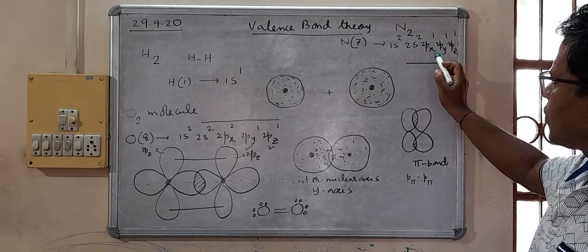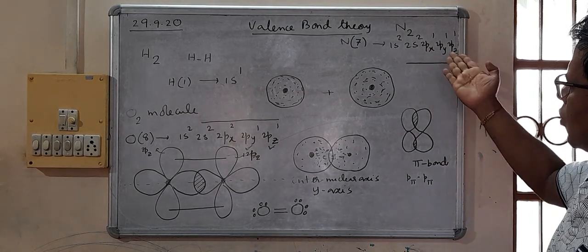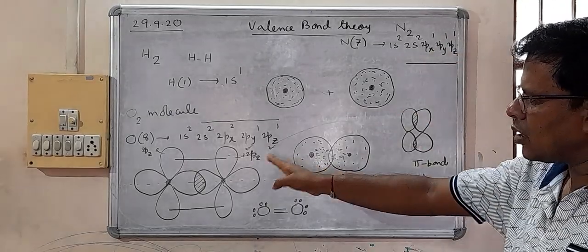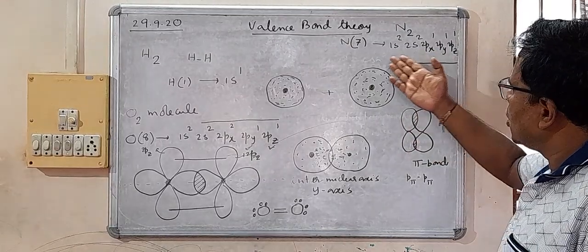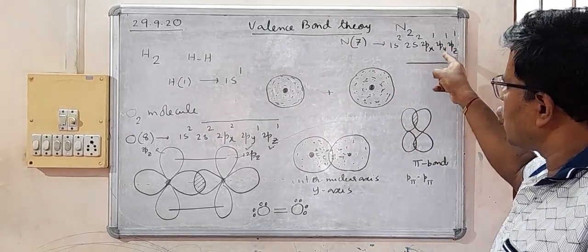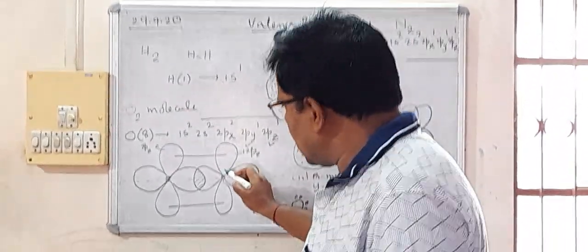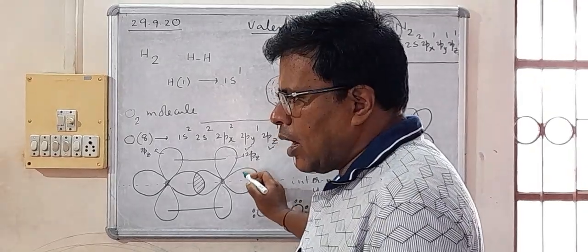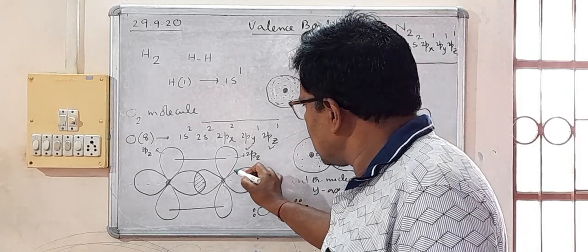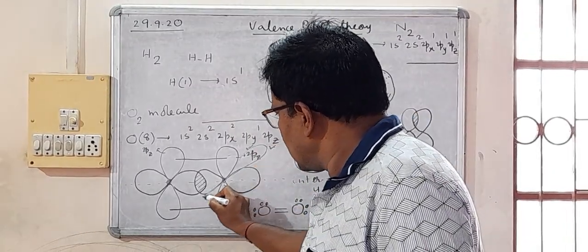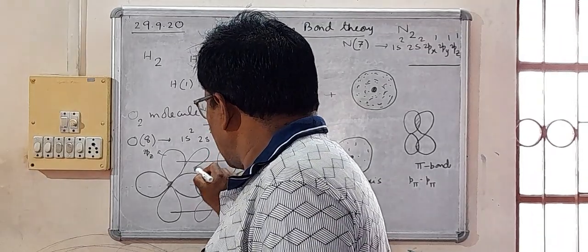So in nitrogen molecule, if I continue from there only for shortcut, I have to draw another p orbital, and since px, py, pz are mutually perpendicular, I will draw it like this. This is another p orbital.